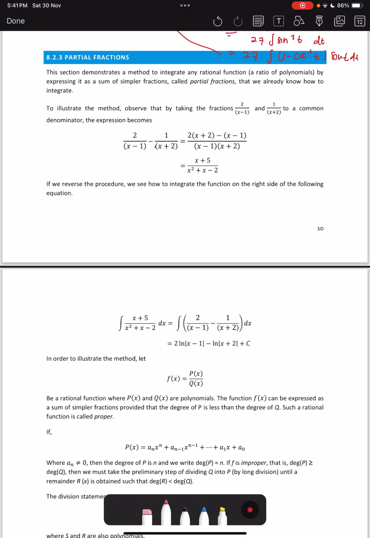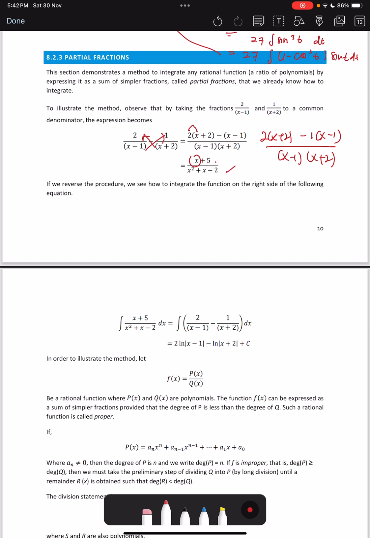We multiply in here 2 by x plus 2, and then here negative 1 over x minus 1, and then multiply in that 2 together. So you can expand it, it becomes 2x minus x, which becomes x. 2 times 2 is 4, 4 plus 1 will be 5. And then you get this.